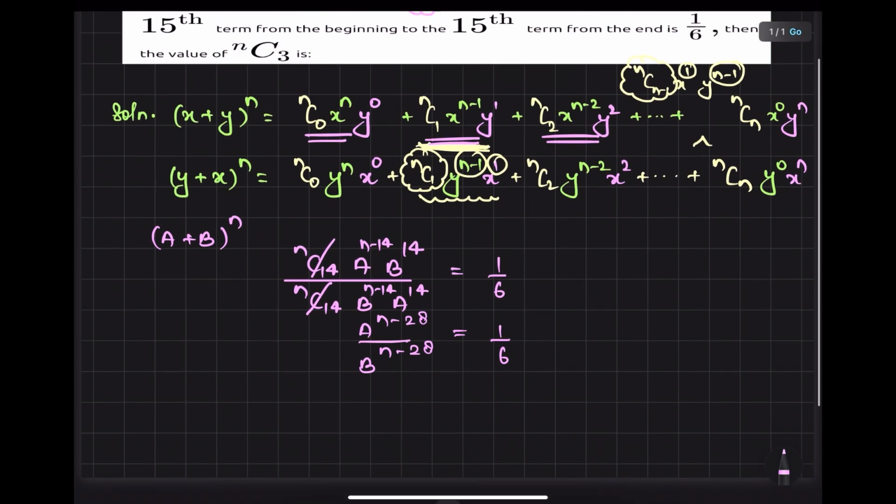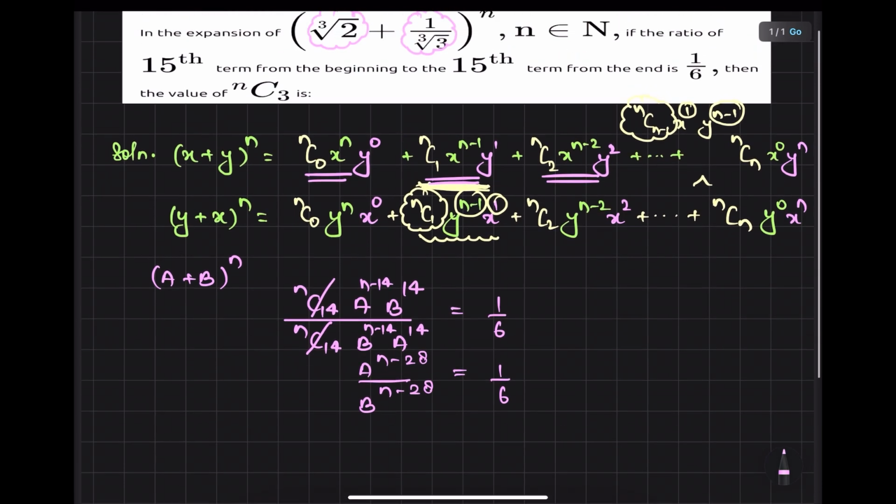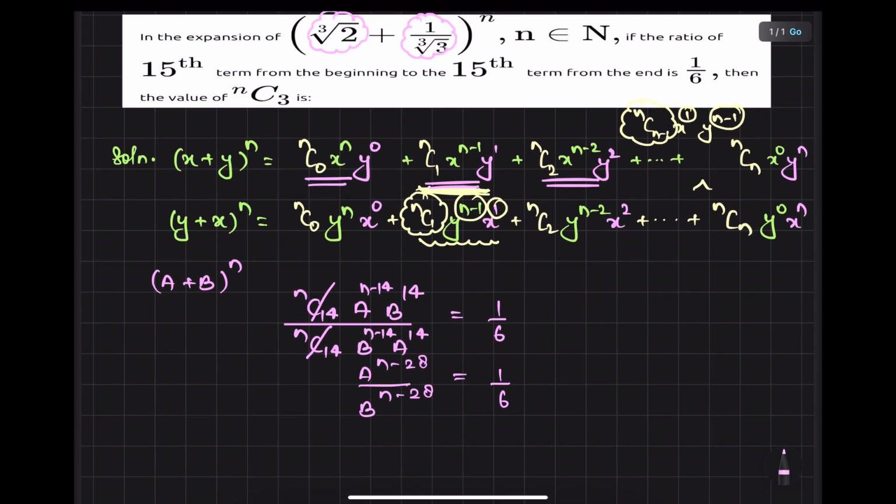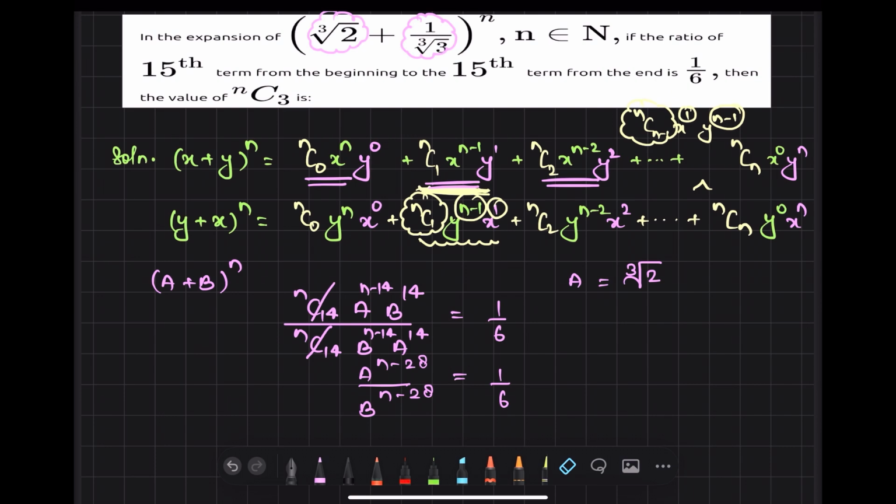Now who was a? a was the cube root of 2. And who was b? b was 1 by the cube root of 3.